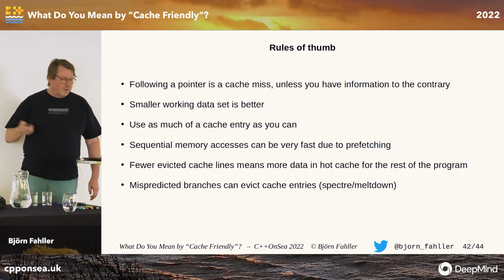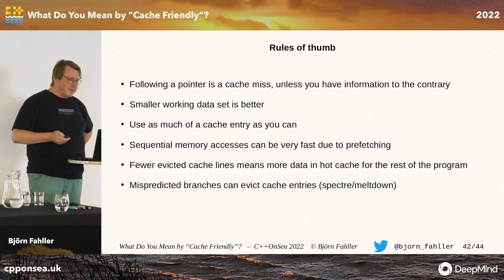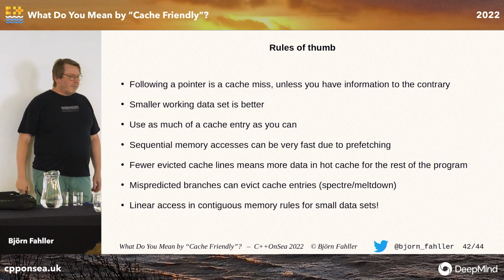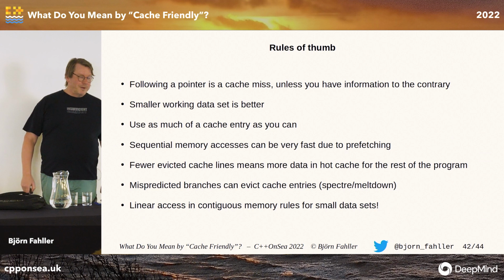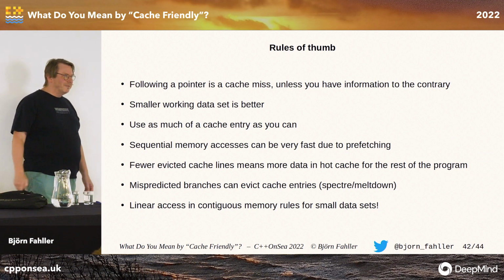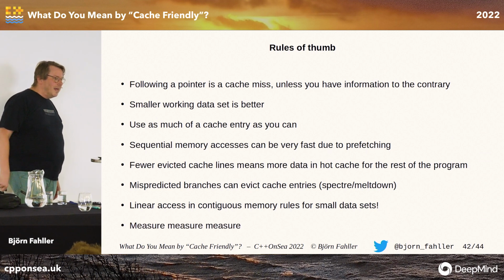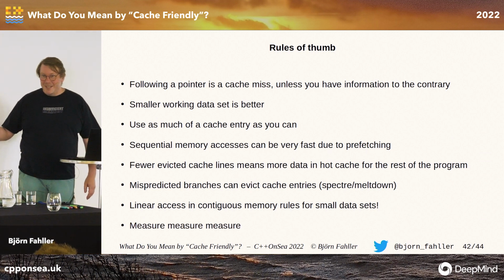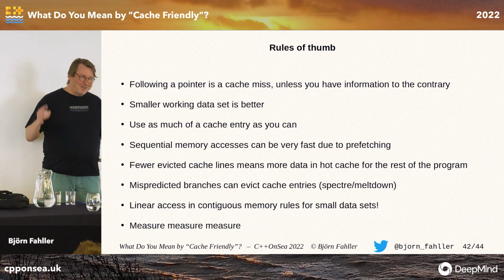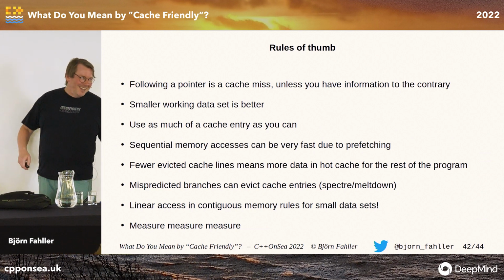So if you're doing this kind of performance analysis on a CPU that is a few years old, be prepared. And yeah, linear access in contiguous memory just absolutely rules for small data sets. There's no doubt about that at all. And measure. Because your intuition is wrong. We have already shown that today in this presentation.